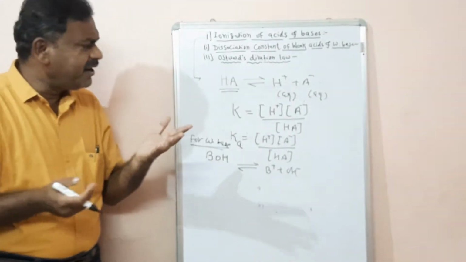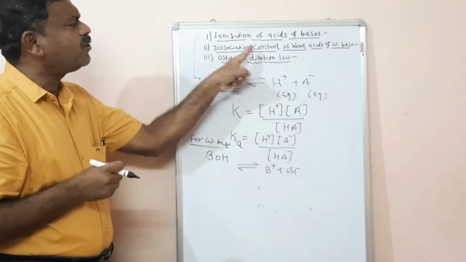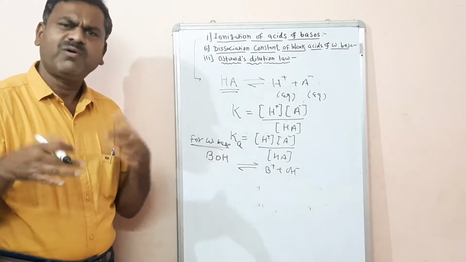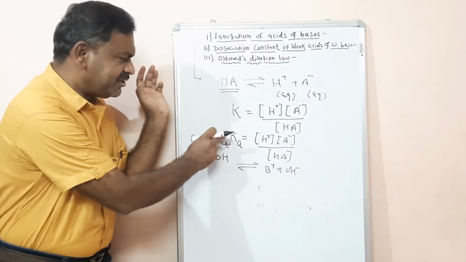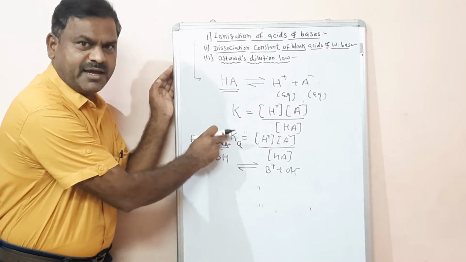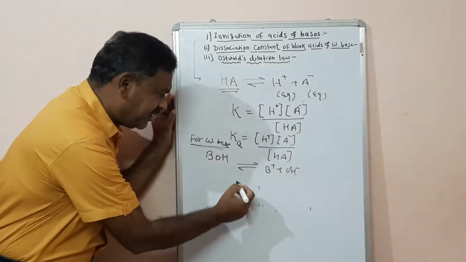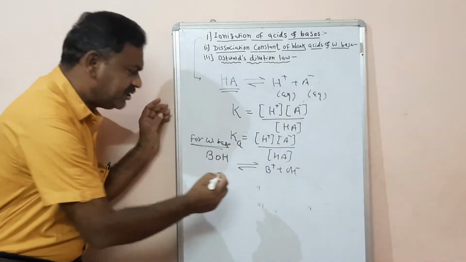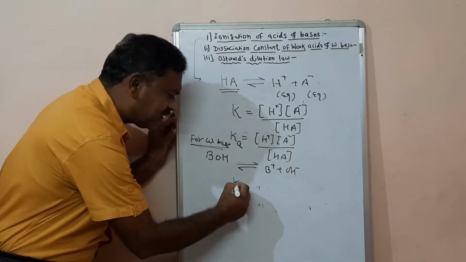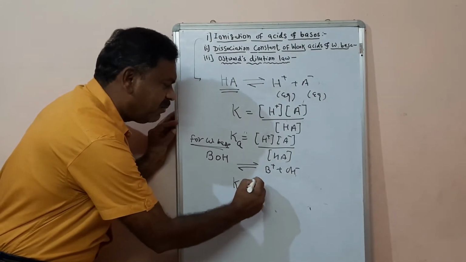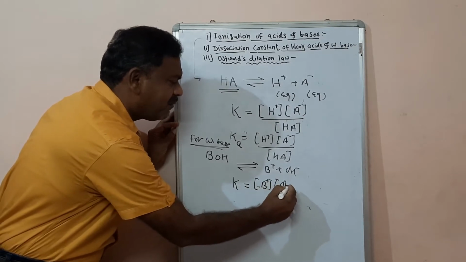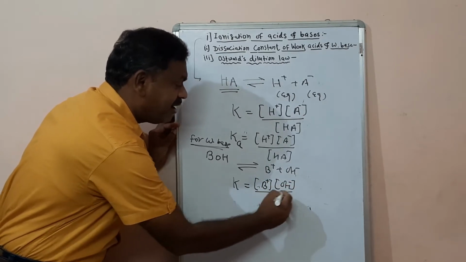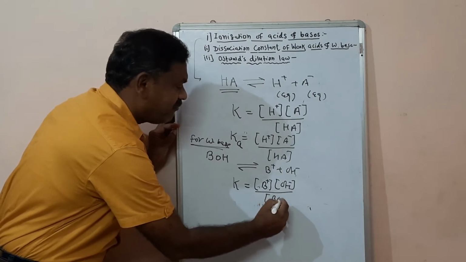How can you calculate the dissociation constant of a weak base? Similar to Ka for the weak acid, applying the law of mass action, the equilibrium constant K equals the molar concentration of B plus times the molar concentration of OH minus ions divided by the molar concentration of BOH.